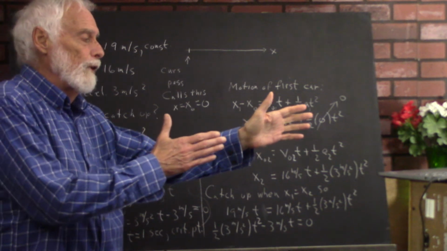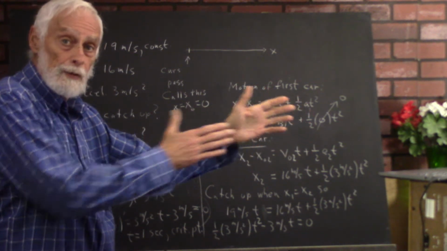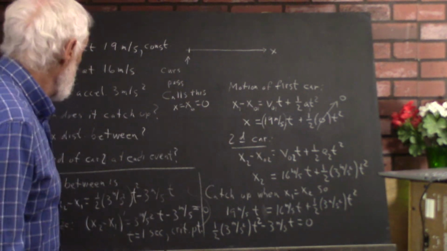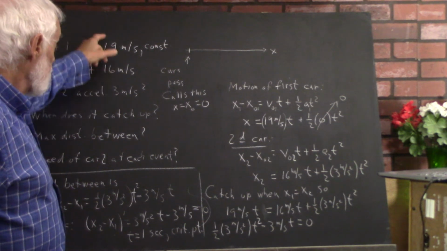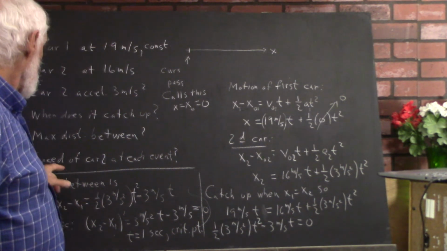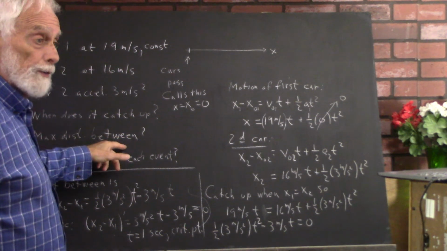But when it matches the speed, it's going to start catching up because it keeps speeding up. So at 1 second, when this car matches the speed of this car, it's going to reach the maximum distance between.